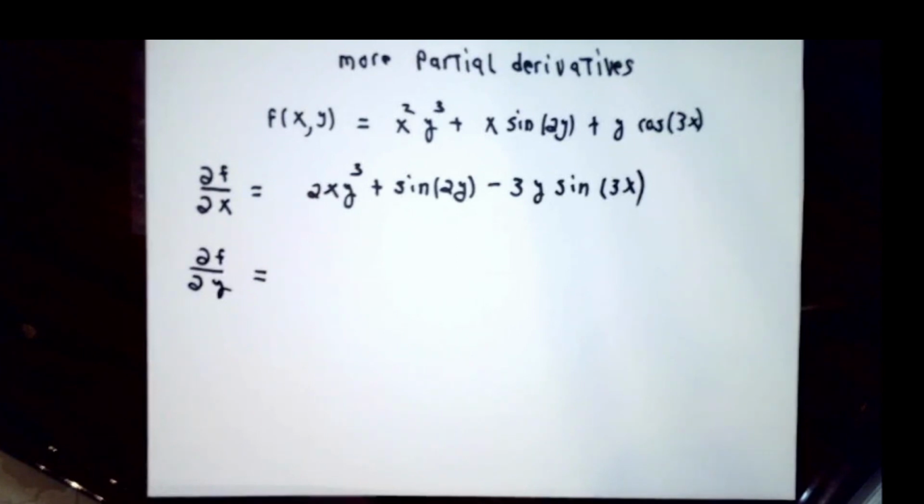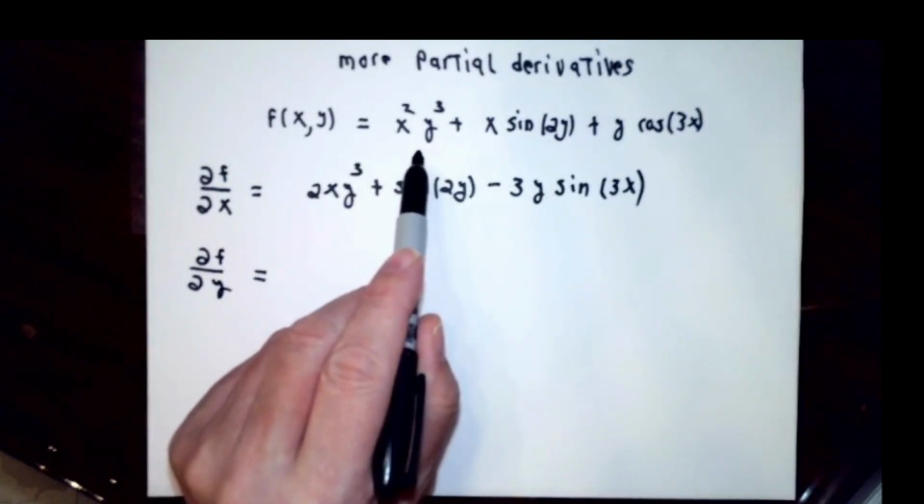When we look at the partial derivative of f with respect to y, we have to change our perspective. In this, I'm going to pretend that x is a constant and that y is the variable in the problem. So in a moment when I say the derivative, I mean the derivative with respect to variable y, not x.